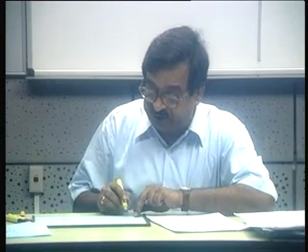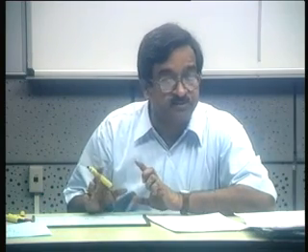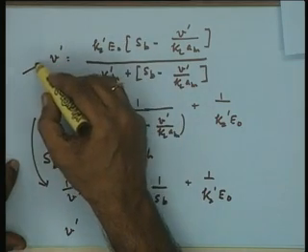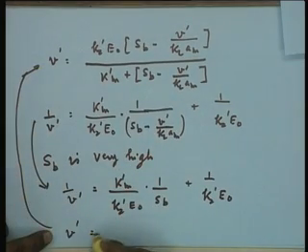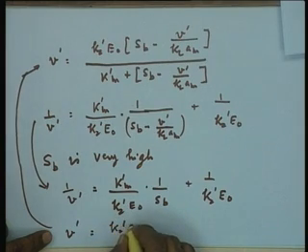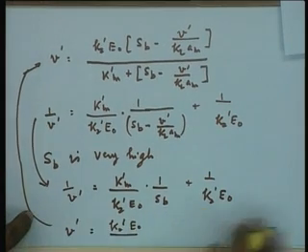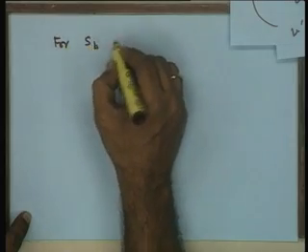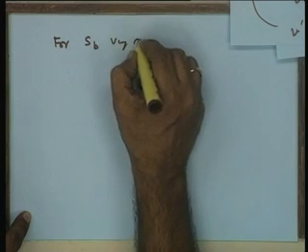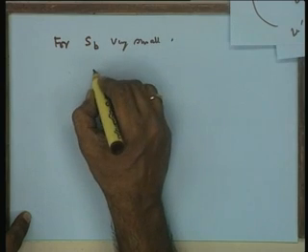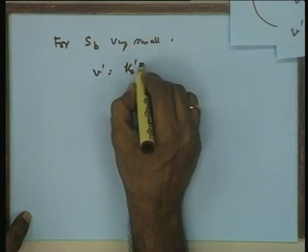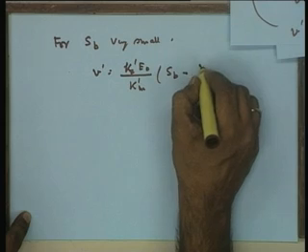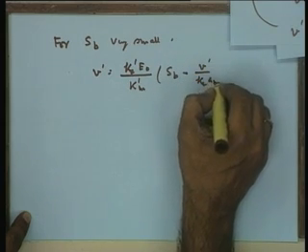On the other hand, when SB is very small, or the first order design, again if you look at this equation from here, you get, for SB very small, V dash is equal to K2 dash E naught upon K dash m into SB minus V dash upon KLAM.